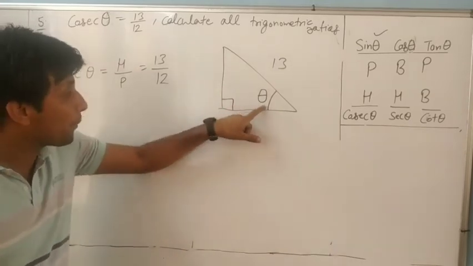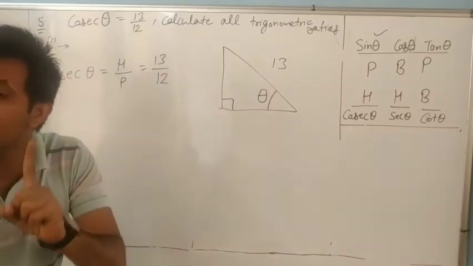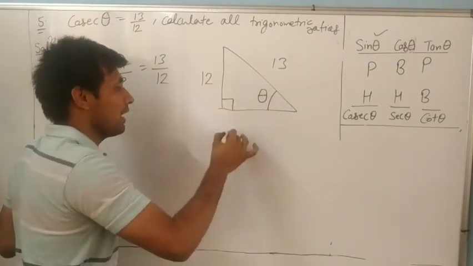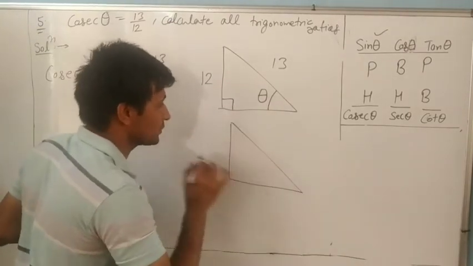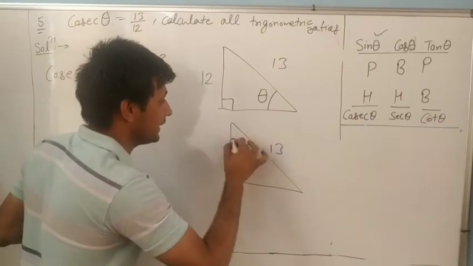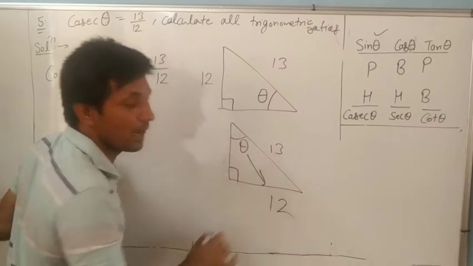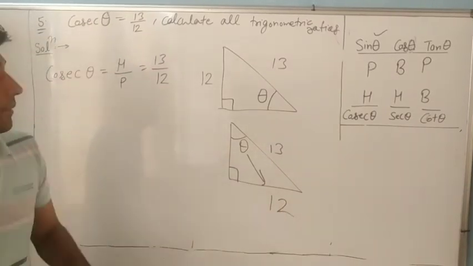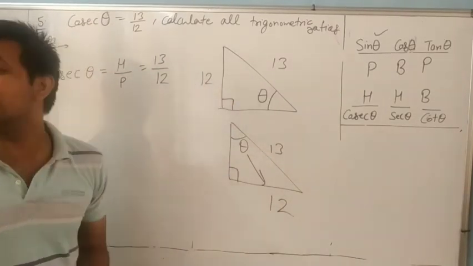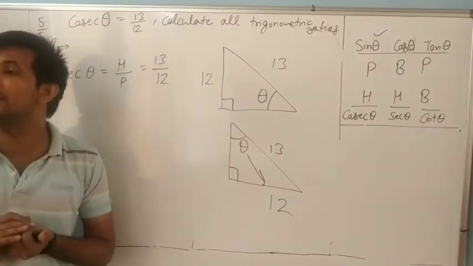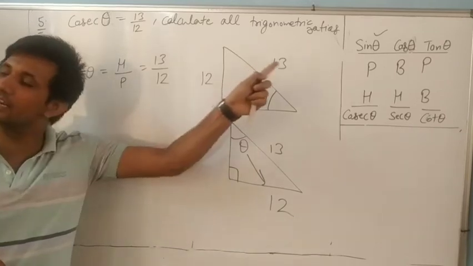Theta. So the opposite of the angle is always the perpendicular. If you take this angle, then it is 12. And if some students make it like this, it is theta, then the perpendicular is again 12. Always remember, the opposite of the angle is perpendicular, and the opposite of 90 degrees is hypotenuse.